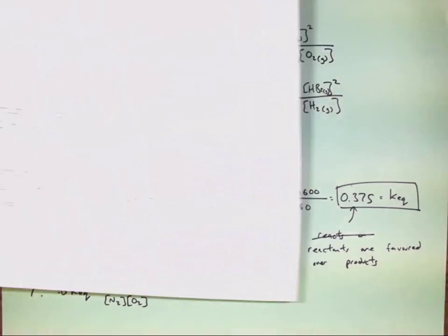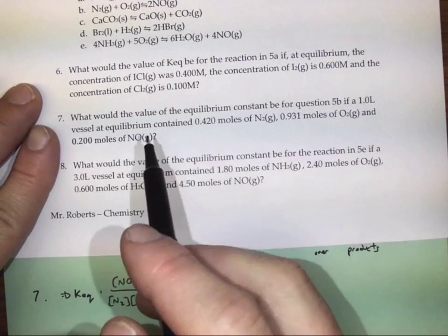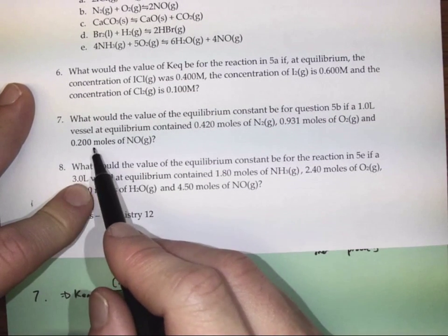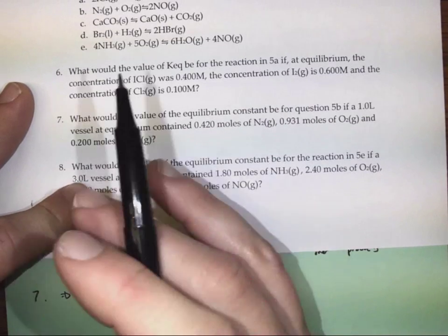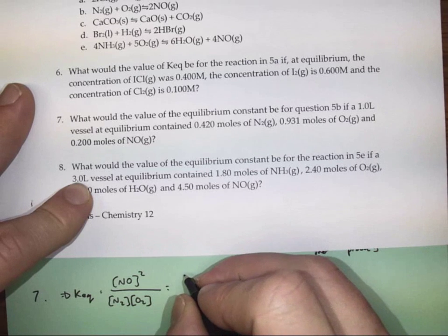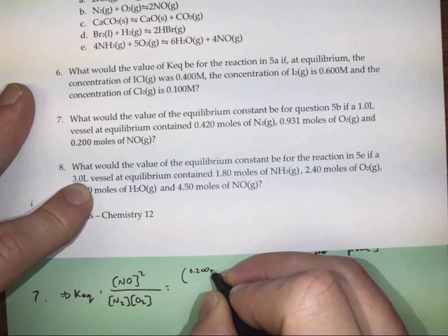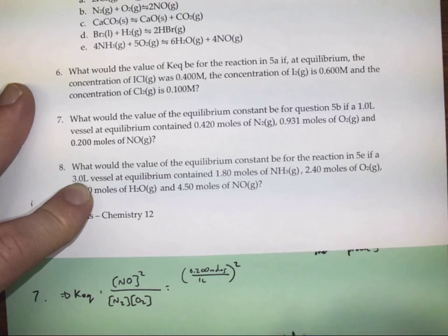All right, so what is the concentration of my nitrogen gas? Well, nitrogen contains 0.2 moles, which is not a concentration. I have to divide that by the volume to get a concentration, and the volume is in liters. So this tells me that I have a concentration of 0.200 moles for every 1 liter. I'm going to square that value.